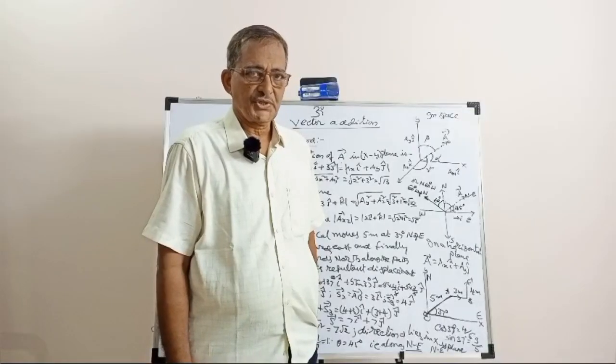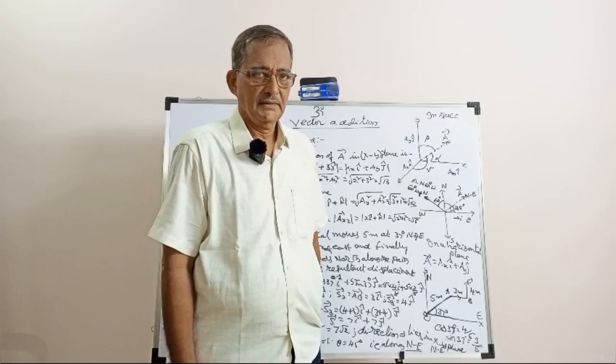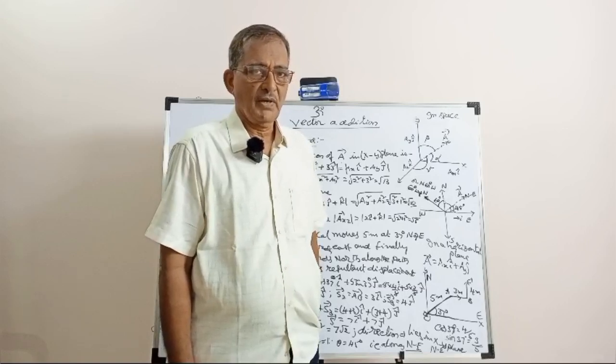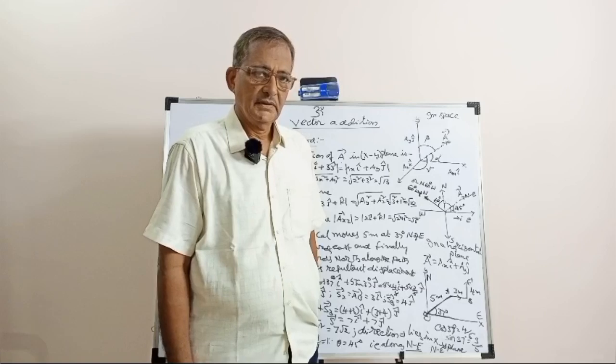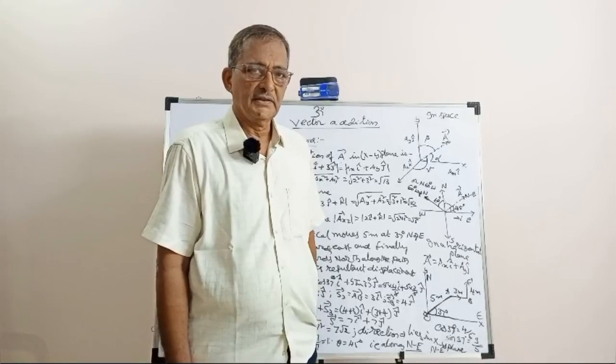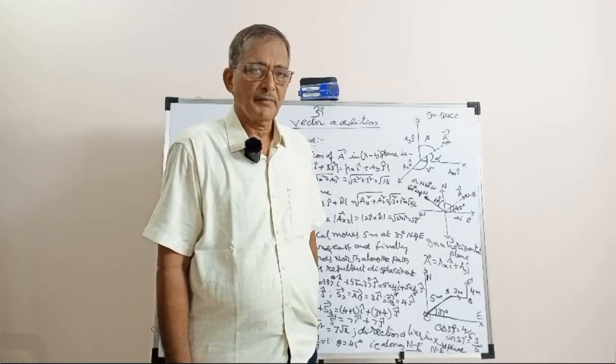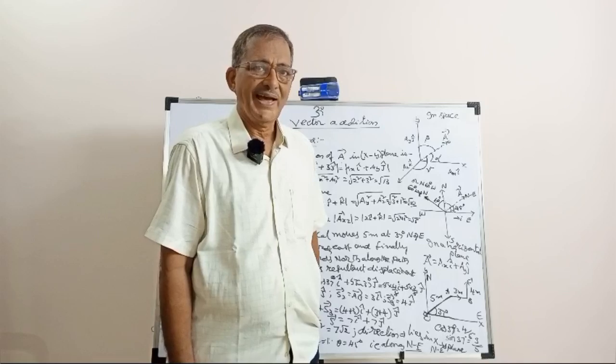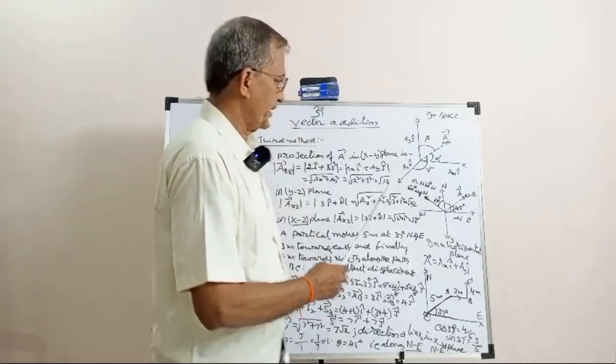The other possible questions on the position vector are the projection of A bar in the xy plane, the projection of A bar in the yz plane, and the projection of A bar in the xz plane. Let us see.